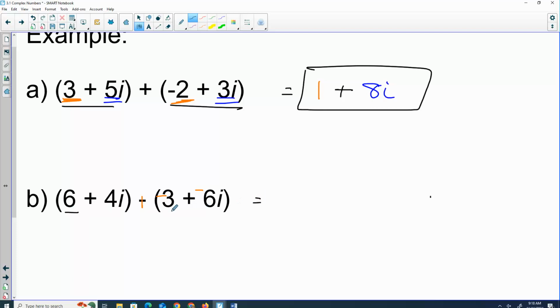So 6 plus negative 3 is 3. 4i and negative 6i is negative 2i. So 3 minus 2i. Any questions there?